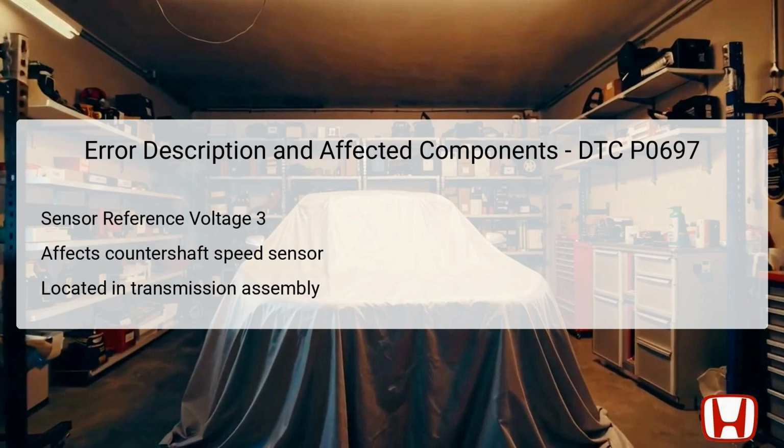The TCM relies on this information to determine the appropriate shift timing and other vital operations for smooth vehicle performance. If the sensor fails to provide accurate voltage readings, it can impede the TCM's ability to control the transmission effectively, leading to poor performance or operational failures.